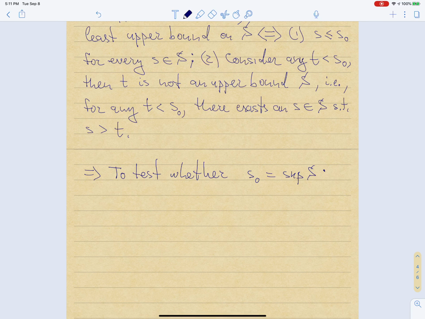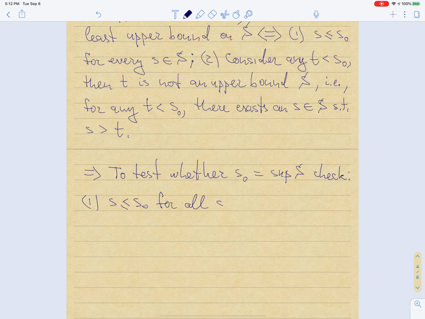Let me reorganize this a little bit. Check 1: s is less than or equal to S0 for all s in S. So you're verifying that S0 is actually an upper bound.